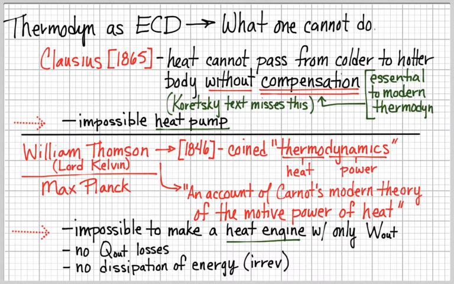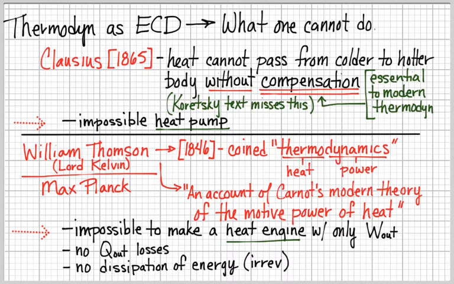So you can have a best case idealized Carnot cycle, but you're still going to lose heat to the heat engine. You're still going to have heat that transfers across the boundary. And these two things are basically called the impossible heat engine. To pump heat up from colder to hotter, you need a heat pump. And to have a heat pump move heat with 0 work, that's an impossible heat pump.